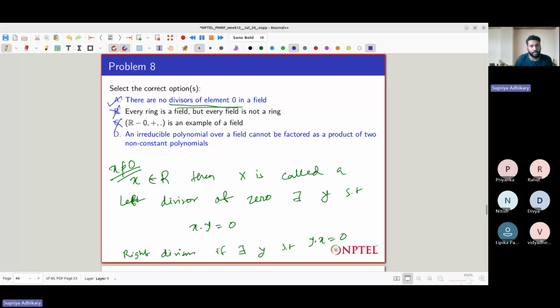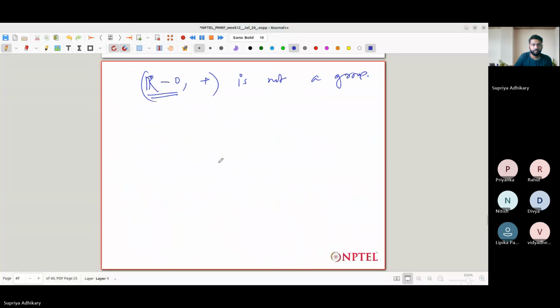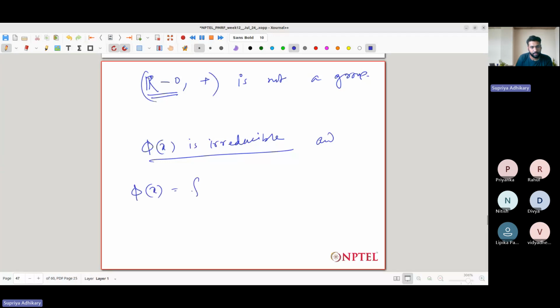Now option D says that an irreducible polynomial over a field cannot be factored as a product of two non-constant polynomials. So this is also true. Let us say that this is not true. So let's say phi x is irreducible, and we can write phi x as the product of fx and gx.